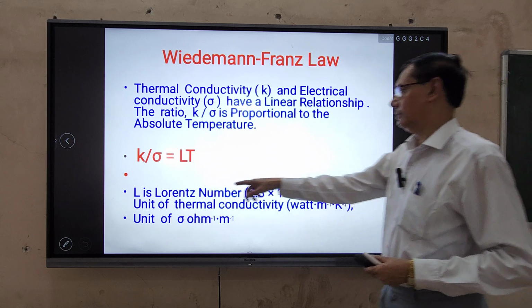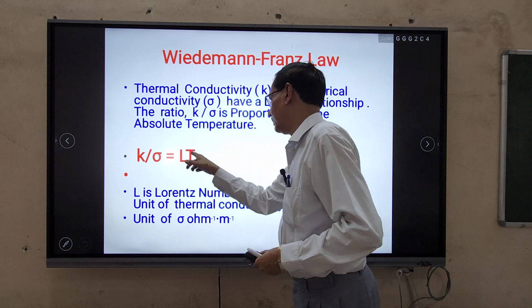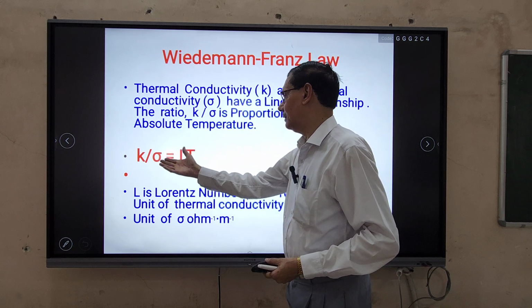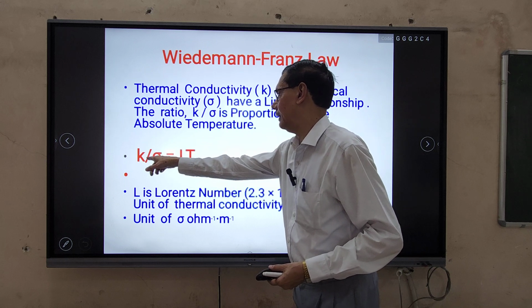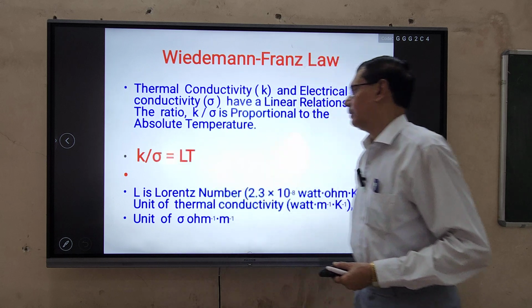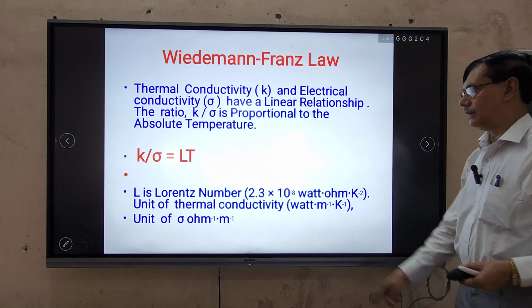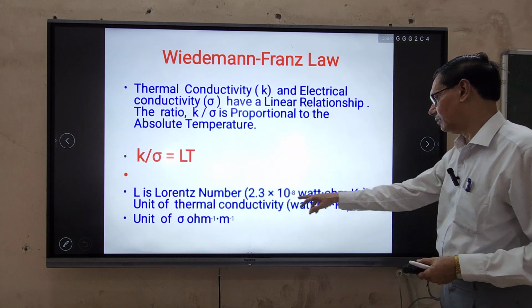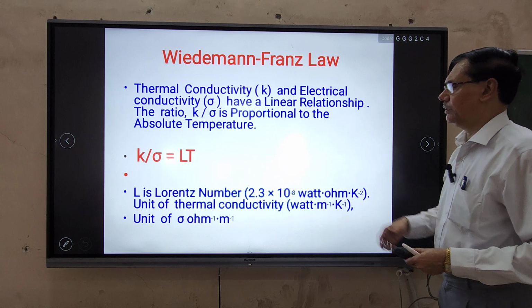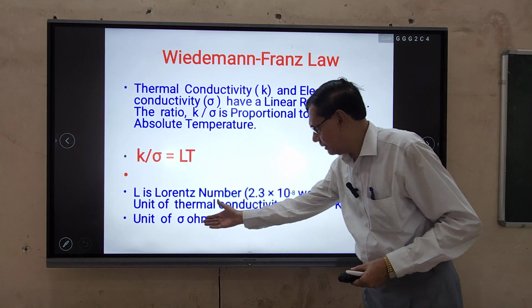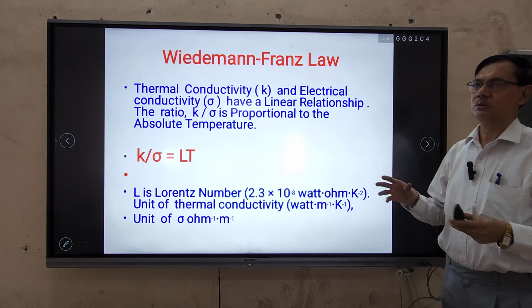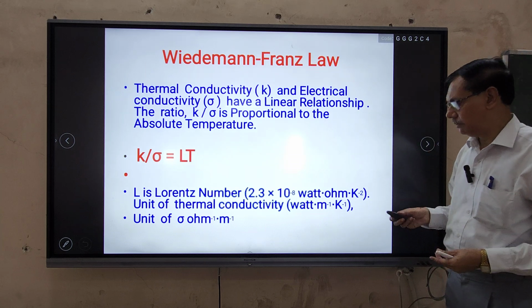So K is directly proportional to the electrical conductivity, and the constant is the Lorentz number. I will not discuss the Wiedemann-Franz law in detail, but you must know the relationship between thermal and electrical conductivity.